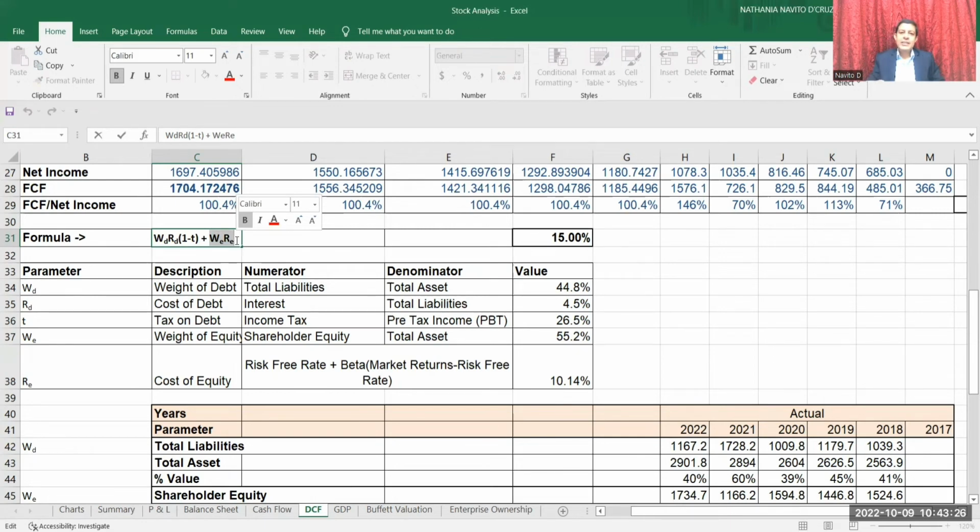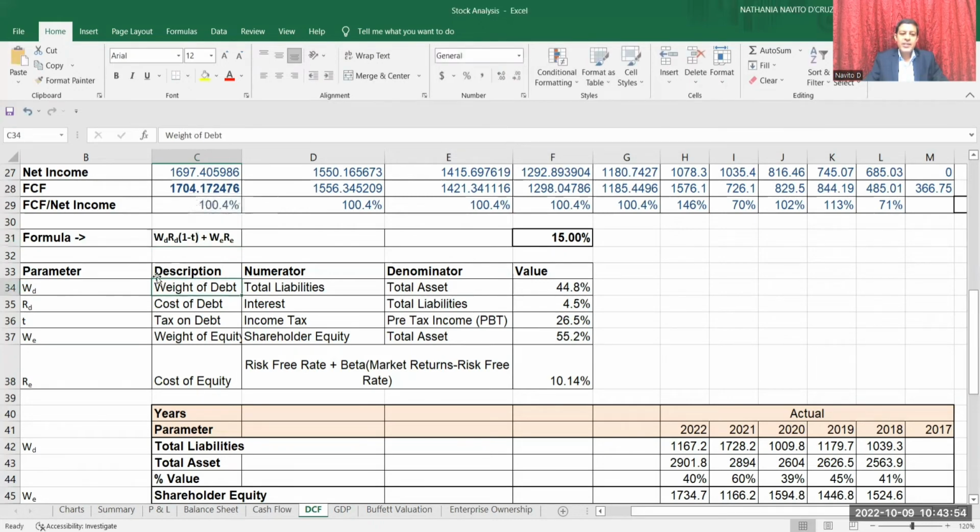So we take both the debt percentage as well as the equity percentage of the company and then multiply them respectively with the cost of capital for the debt and the cost of capital for the equity. And of course, we need to take into consideration the tax rate in case of the debt of the company. So that is where the T comes into consideration.